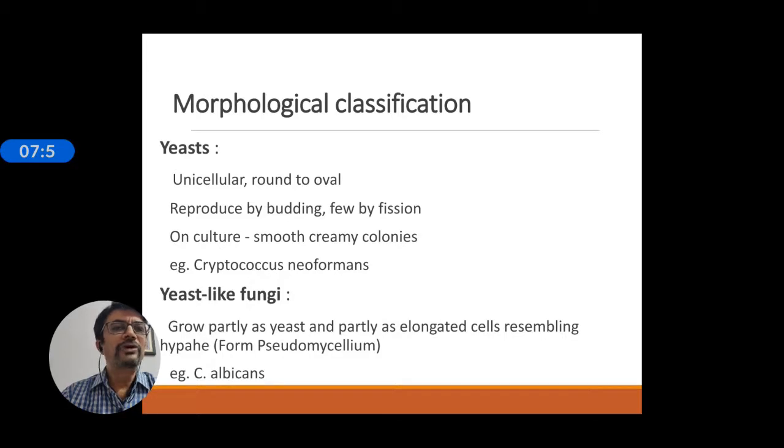They also have the same unicellular budding cells, but they may grow partly as a yeast, and sometimes that budding cell elongates, and there is a chain of buds which looks like hyphae, but is not a true hypha. That's why it is known as pseudomycelium. Example is Candida albicans.